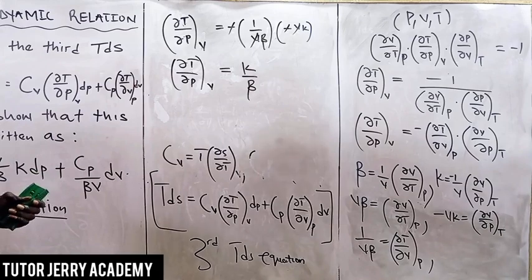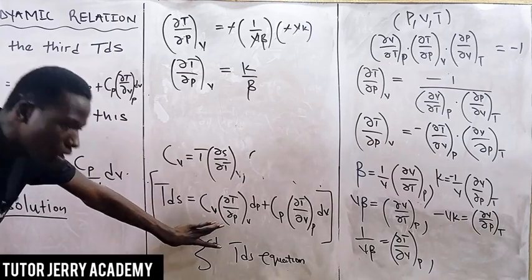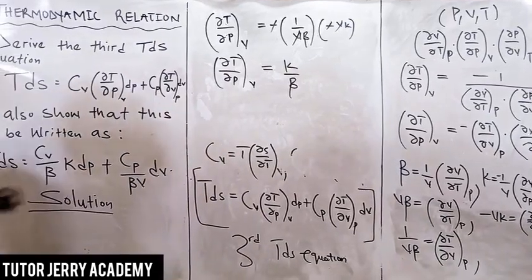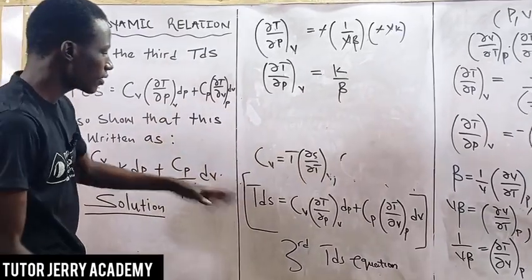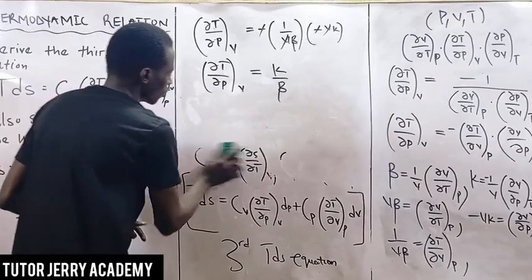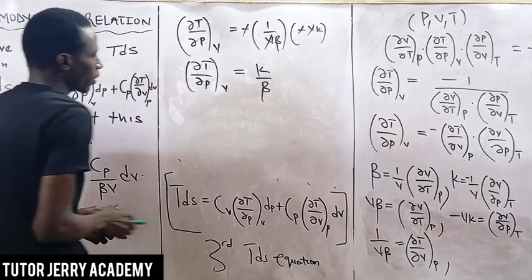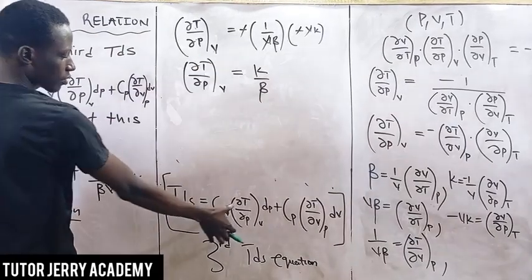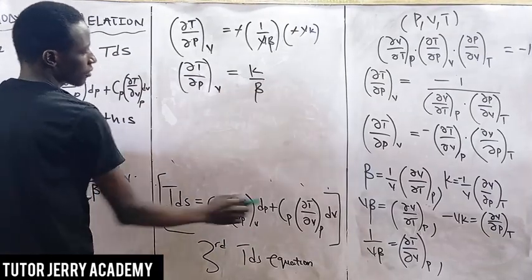Now, don't forget that we are asked to show that the TDS equation we just proved is nothing but this. That is, it can be written as this. Now, from here, you can see that for this TDS equation, we can substitute this, which is this, as this in this TDS equation.